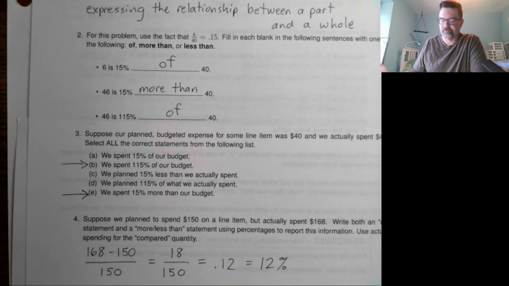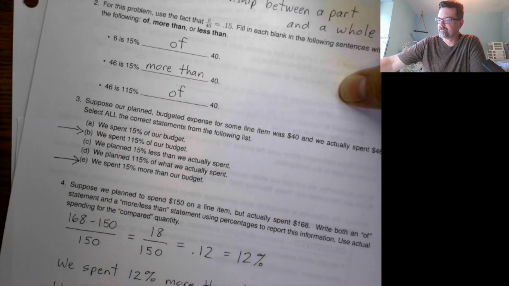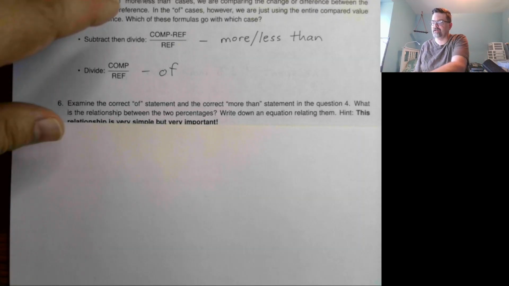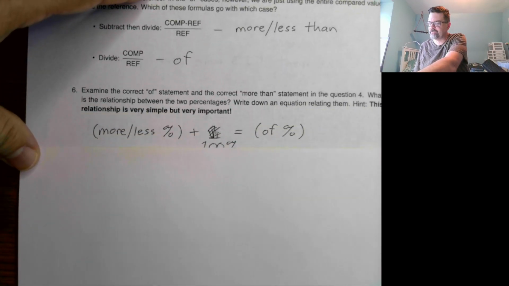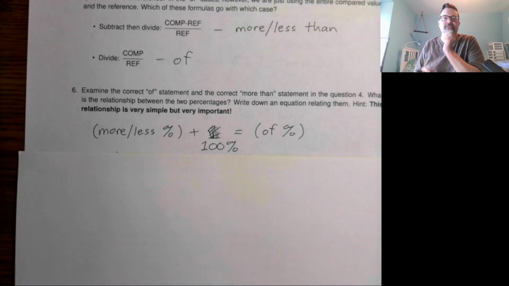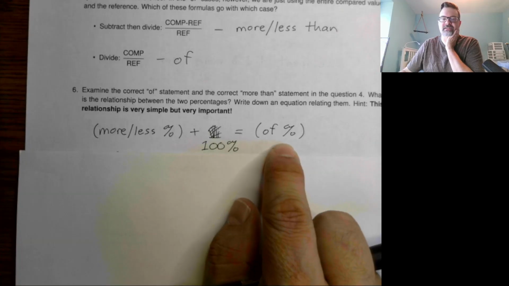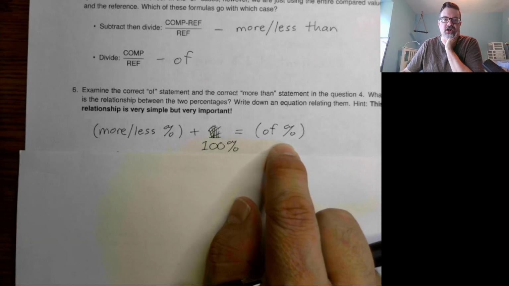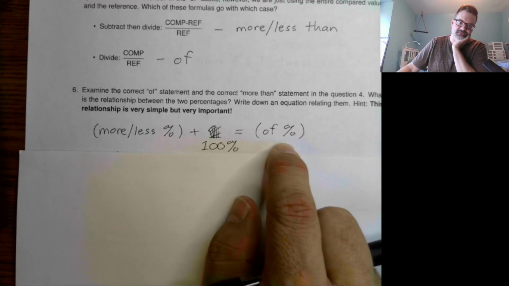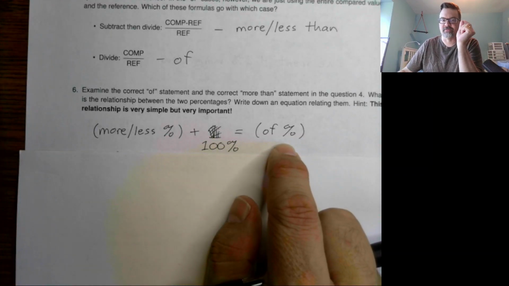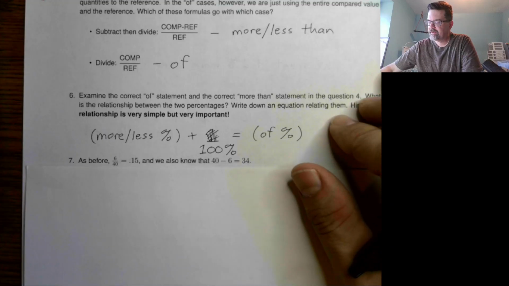So hopefully that relationship is clear: the percentage you use for the more or less than statement, if you add 100% to it, that's the percentage that's used when we make an of statement. All right, that's important. Keep that in mind.